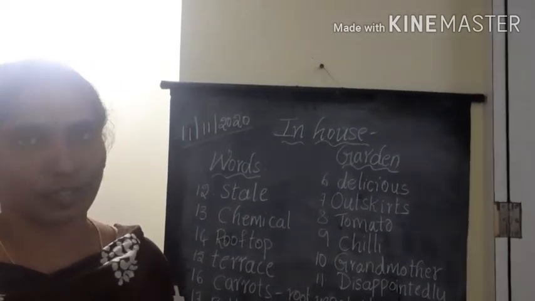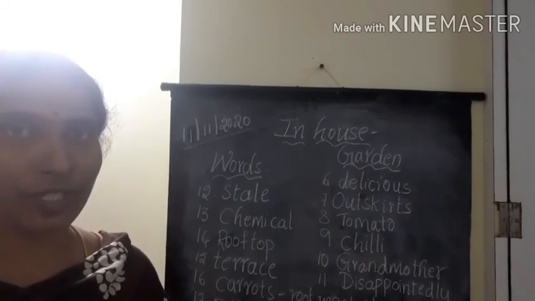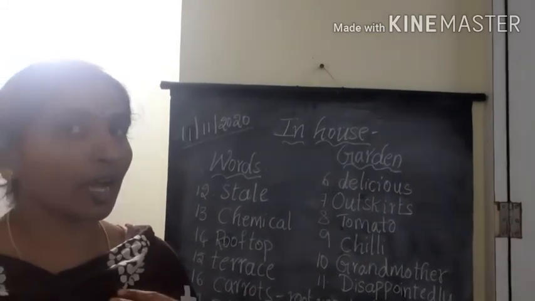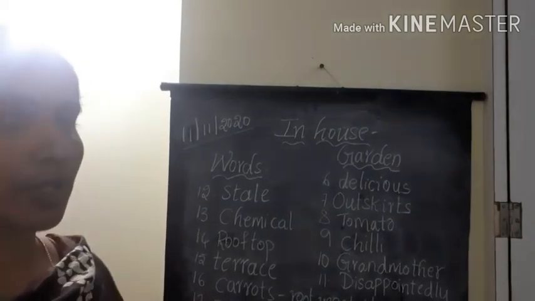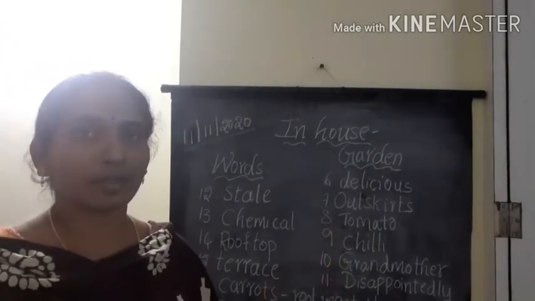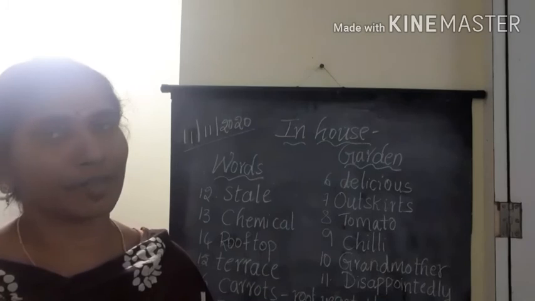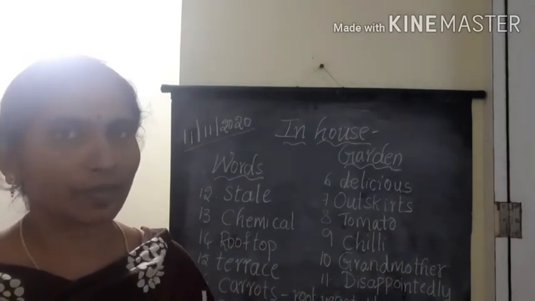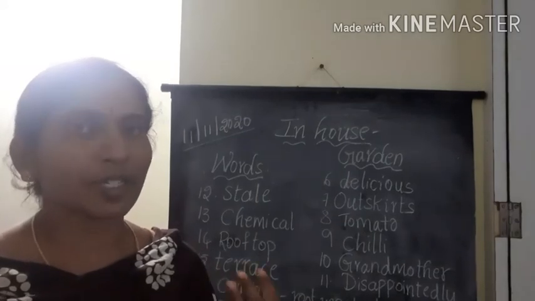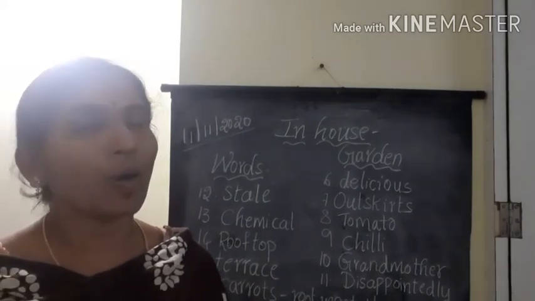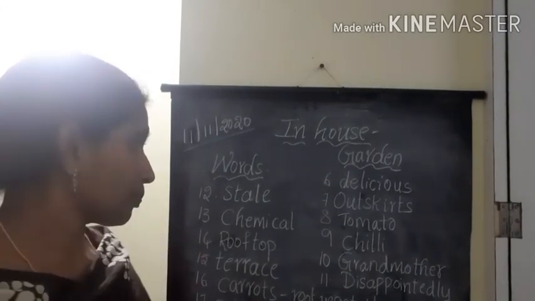Not only enjoying, we eat good food in our grandmother's house. Where do we get good food? Yes, especially in our grandmother's house. And also the house is built on the outskirts of the town. Outskirts of the town means outside the town, where they have spacious place to do all types of things.